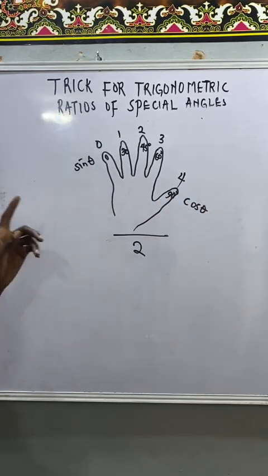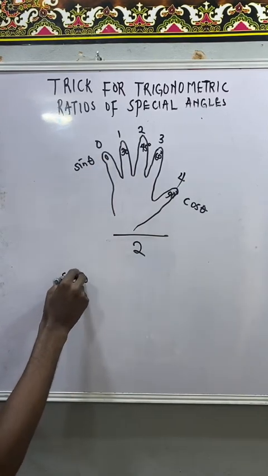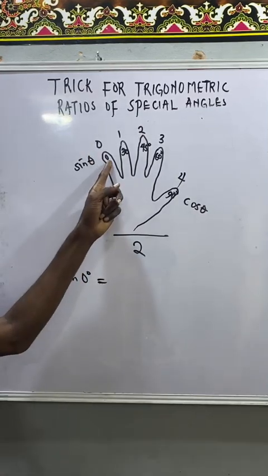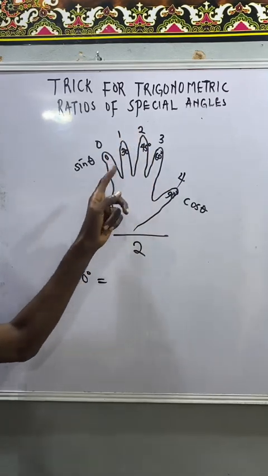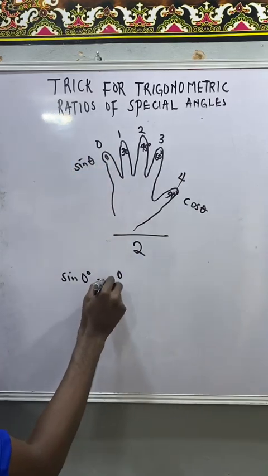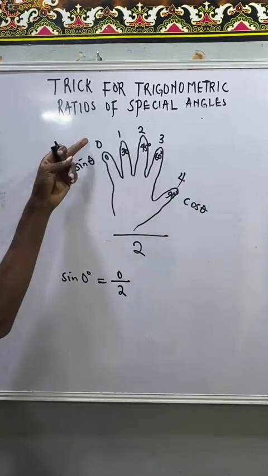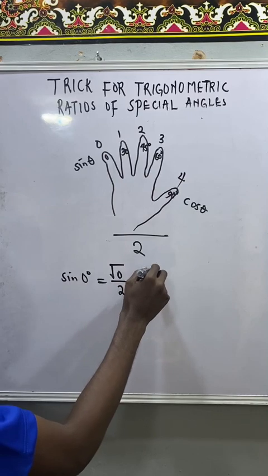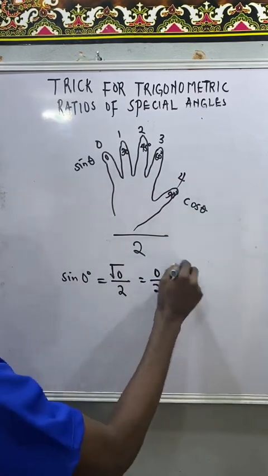If I am asked to calculate sine 0 degree, I will go to where I have 0 here. Sine 0 corresponds to my last finger. So look at the number on top of it. That's 0, and the denominator is 2. But not an ordinary 0 on top: put a square root on top of it. That's square root of 0 all over 2, which is 0 over 2, and that is 0.